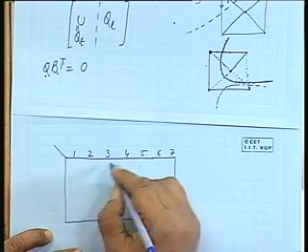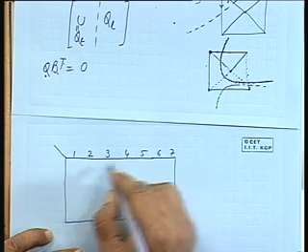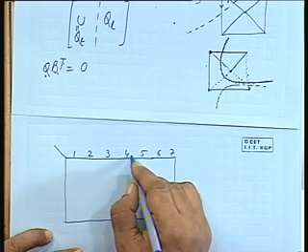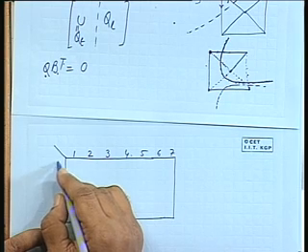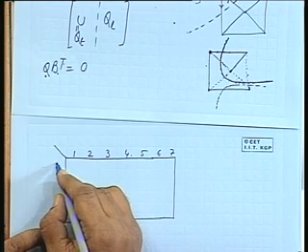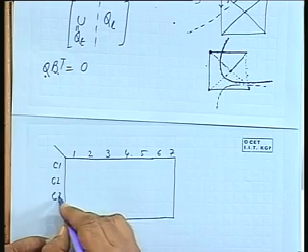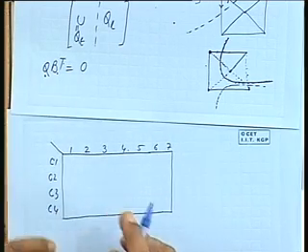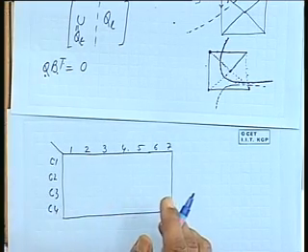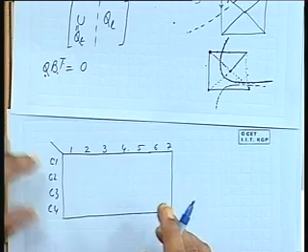Suppose there are 4 nodes here, C1, C2, C3, C4, barring the reference node there are 4 nodes left. So, that is the order n.